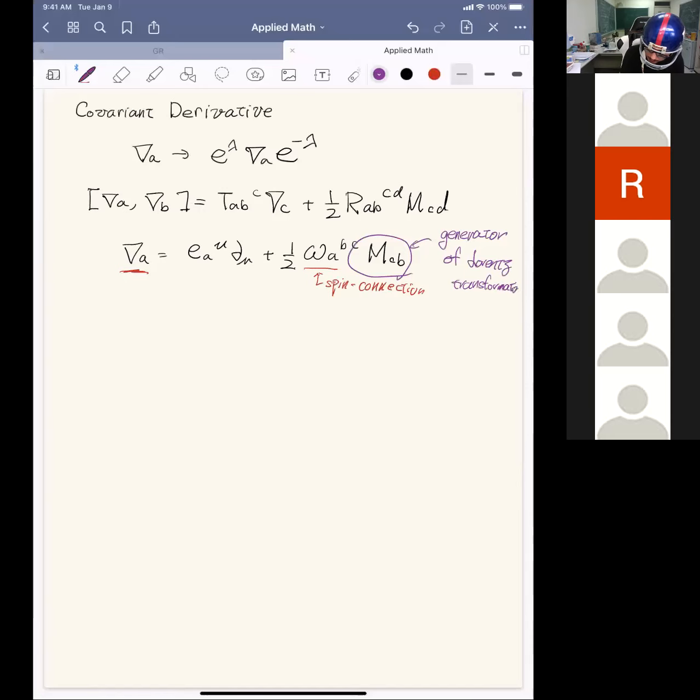So in other words, using this covariant derivative, you can now couple to any representation of the Lorentz group. This is very important.